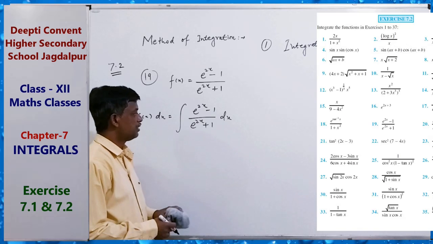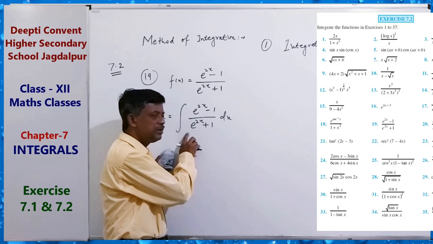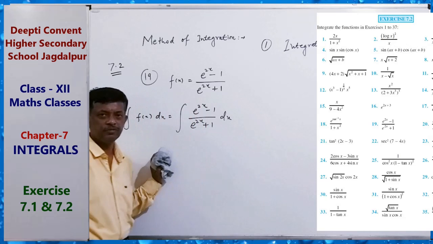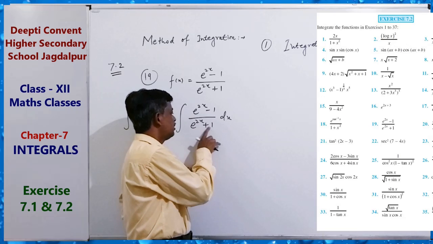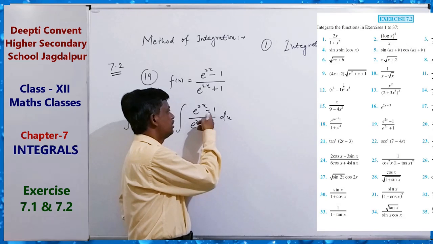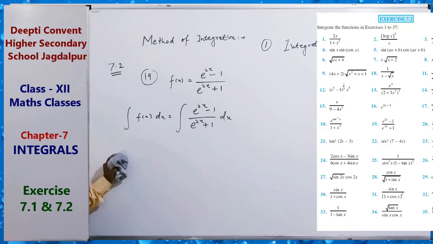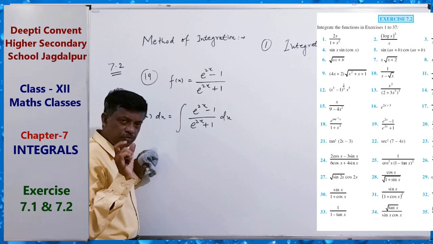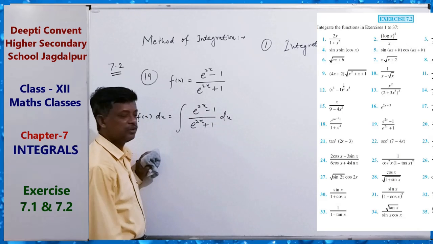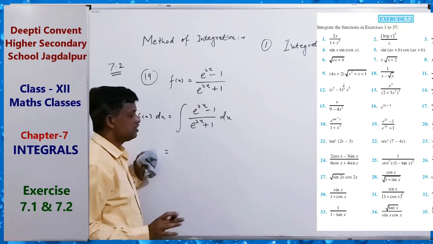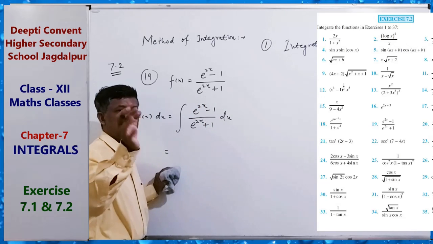If we try to put this equal to t, then we cannot get this value because of the 1 here. In this type of question we try to get e to the power x in every term. So here we divide numerator and denominator by e to the power x.